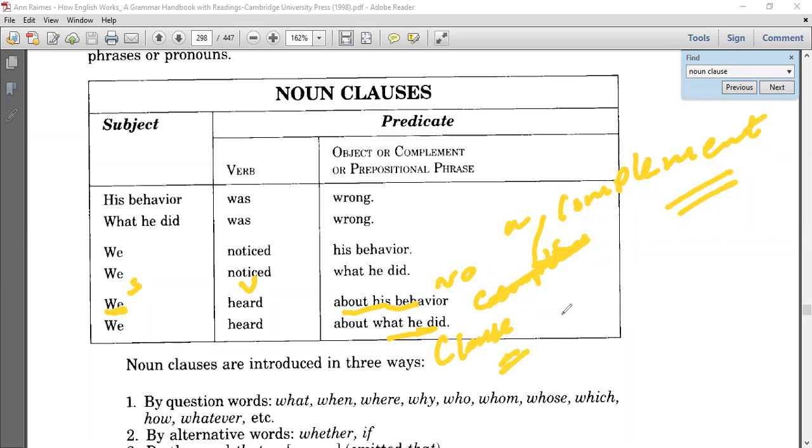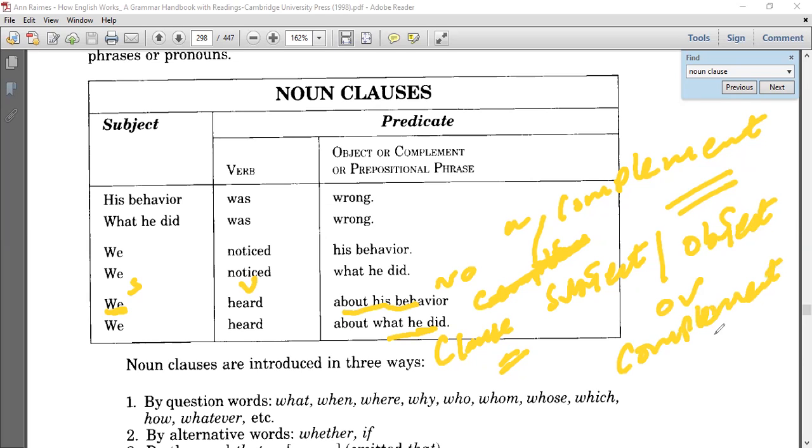So this means a noun clause is the one which becomes the subject, object, or complement in a sentence, right?